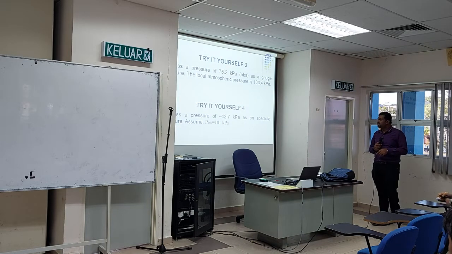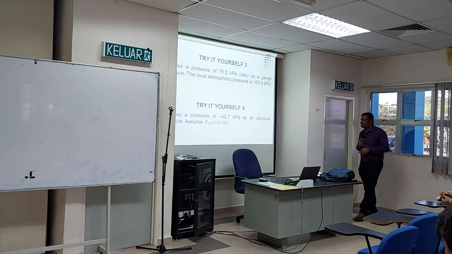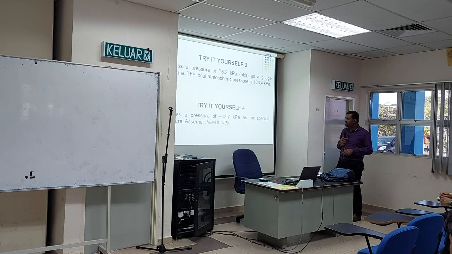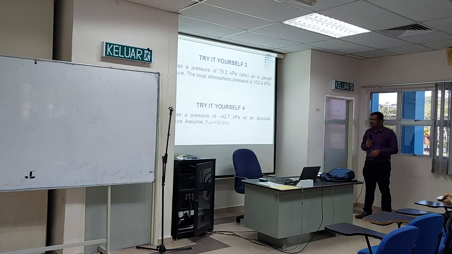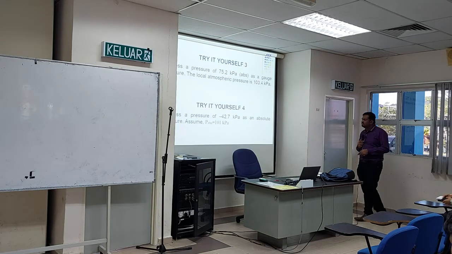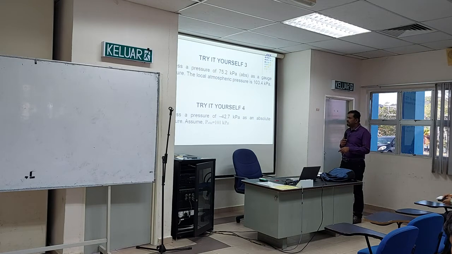Okay, so nombor 4. So express a pressure of negative 42.7 kilopascal as an absolute pressure. Assume PATM, atmospheric pressure, is 101 kilopascal. So, yang ni apa? Dia tak bagi tahu.